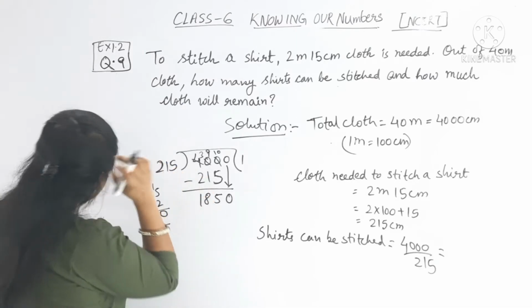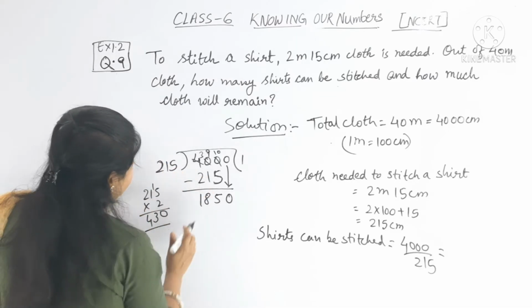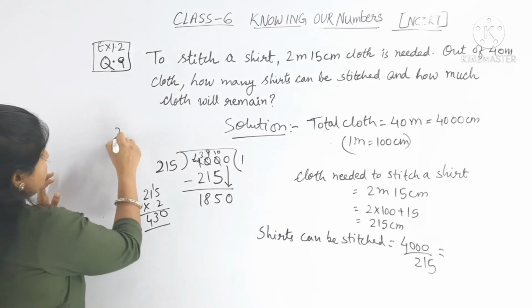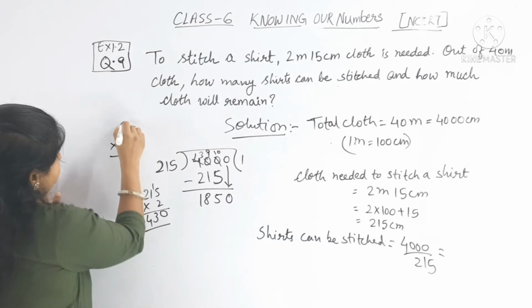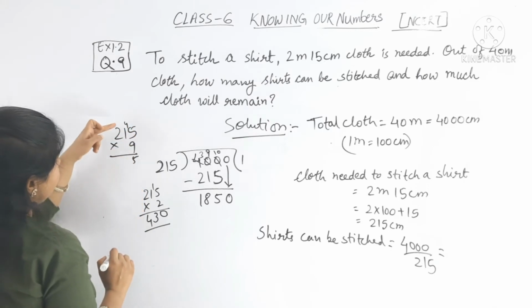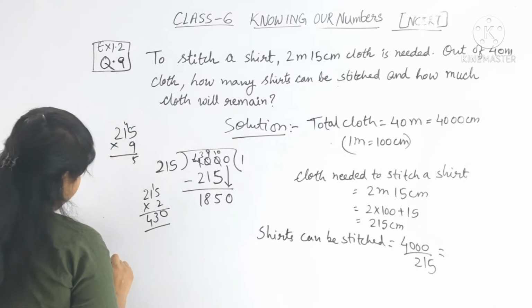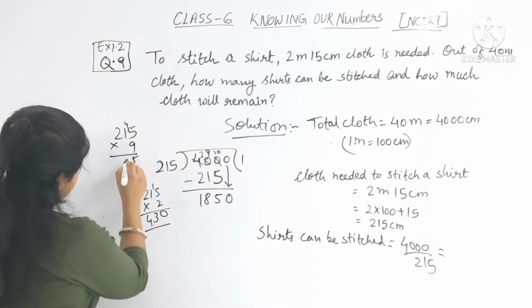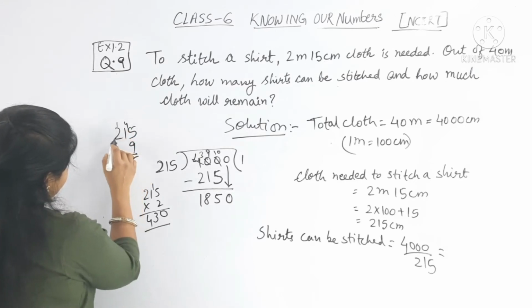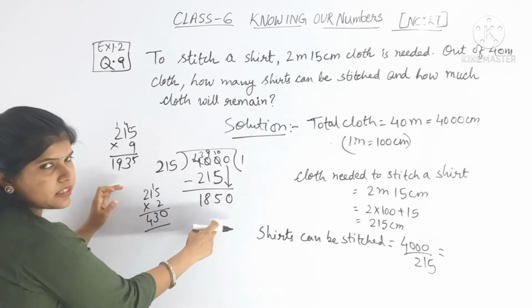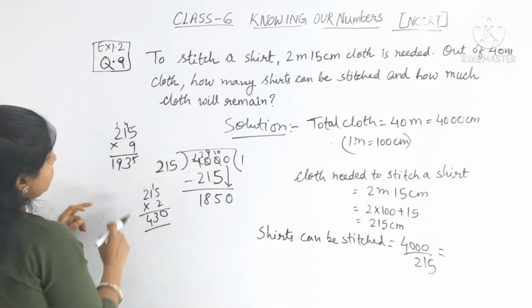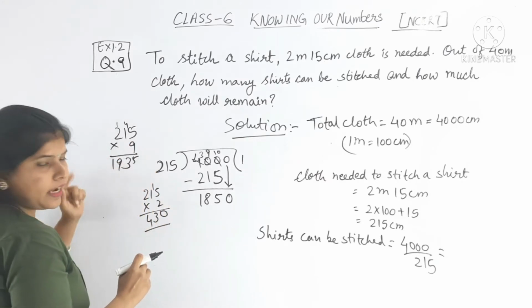Then again 2 9s are 18. So here 215 into 9: 9 5s are 45, 9 1s are 9, 9 plus 4 is 13, 9 2s are 18 and 1 is 19, so 1935. 1935 is greater than 1850, so we will multiply by 1 lesser than 9.